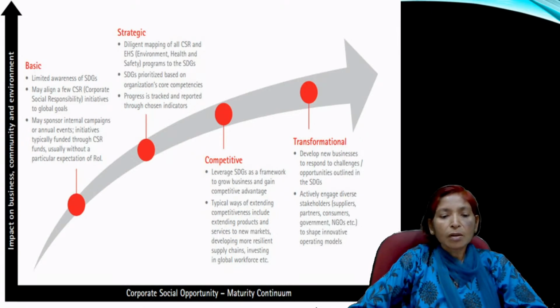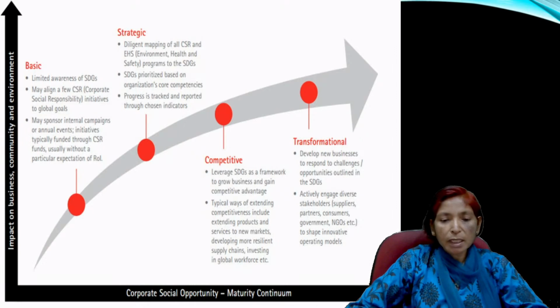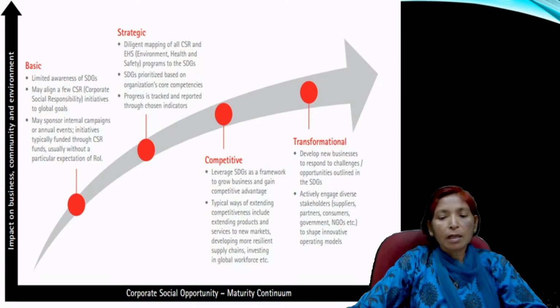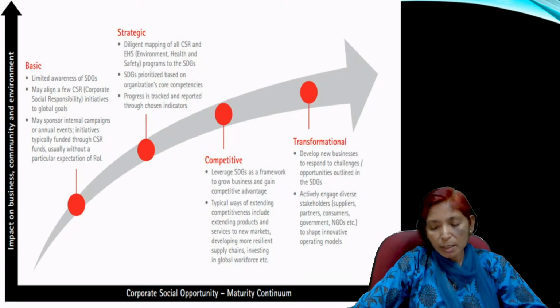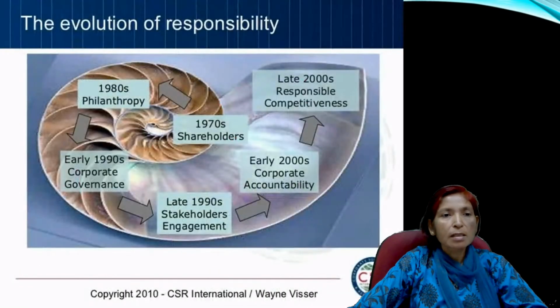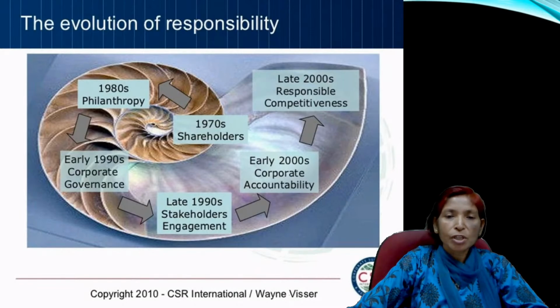So these are corporate social opportunities, a continuum. These are the four basic ones: strategic, competitive, and transformational. Next is the evolution of responsibility. You know that the evolution of responsibilities mainly occurred in the 1970s with the shareholder.